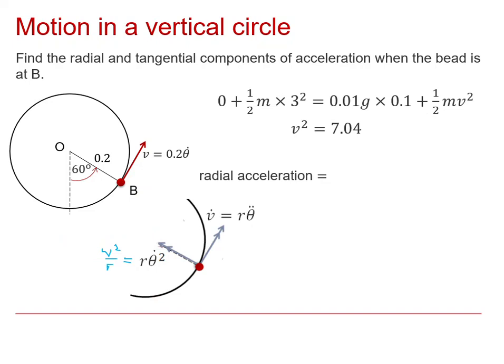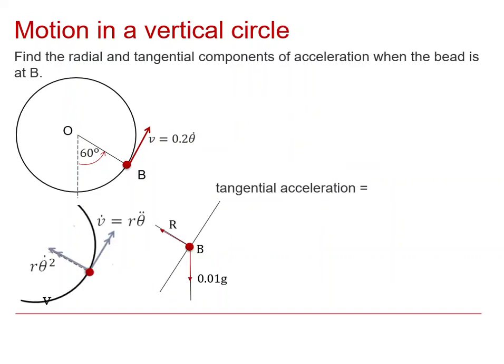So the radial acceleration will be the 7.04 for the v squared divided by the radius, which is 0.2. So that gives us 35.2. So we can give the answer to that in context. The radial acceleration is 35.2 meters per second squared.